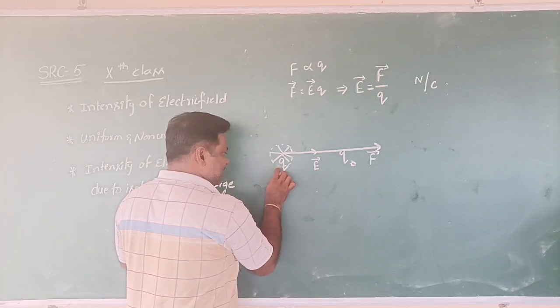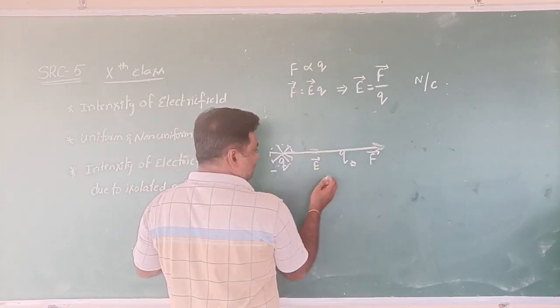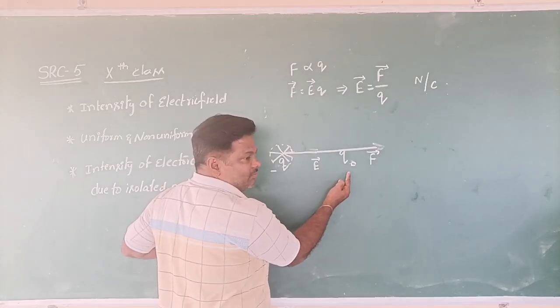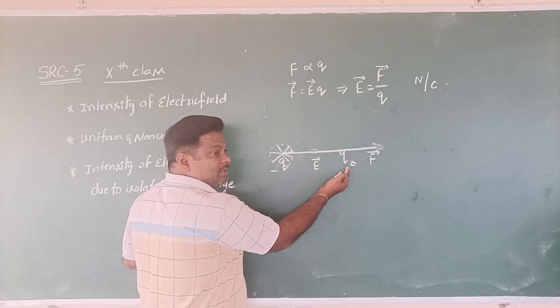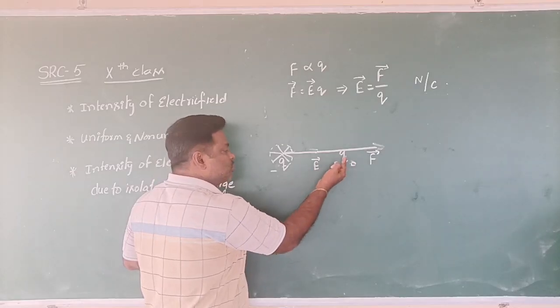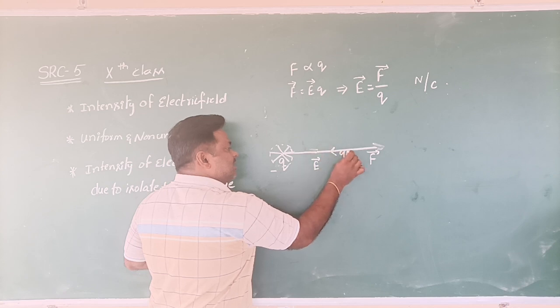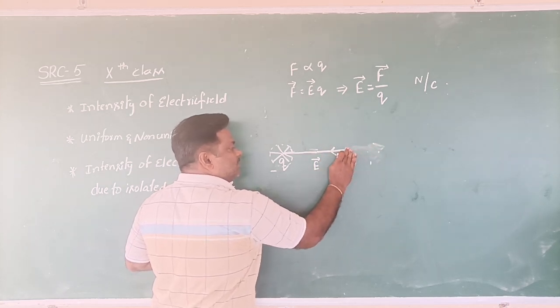Suppose this is a negative charge. Then the test charge is always a positive charge. What happens? The force of attraction between these two acts towards the charge, in this direction. I hope you understand this one.